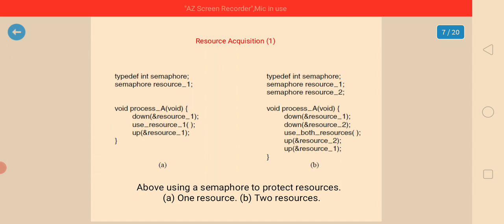So how can we write the code for resource one and resource two to protect the resources using semaphores? Type definition here: semaphore resource 1, void process A, down resource 1, use the resource, up the resource. So this is the code for resource 1, and similarly for resource 2.